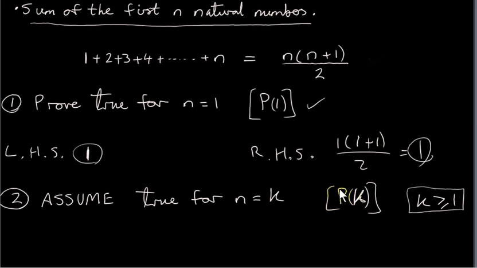So the P of k that I've written down here stands for the proposition. We're looking to see if the proposition is true for n equals k. Actually, we're just assuming that the proposition is true for n equals k. So that means if we take the sum of the first k natural numbers, then we will get k times k plus 1 over 2.